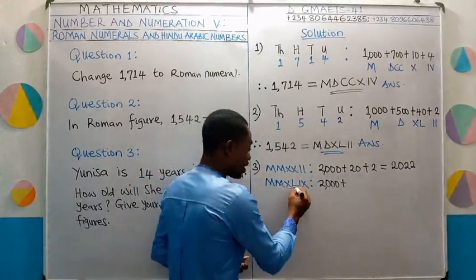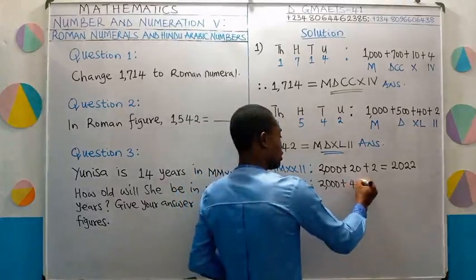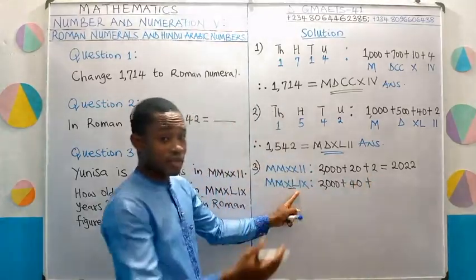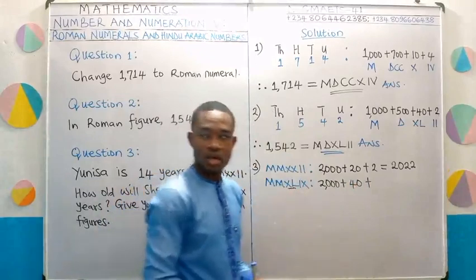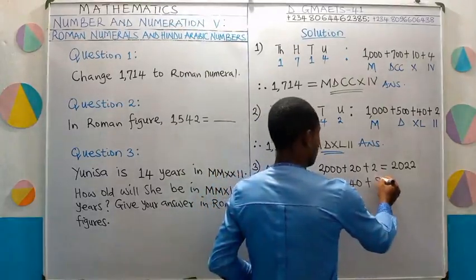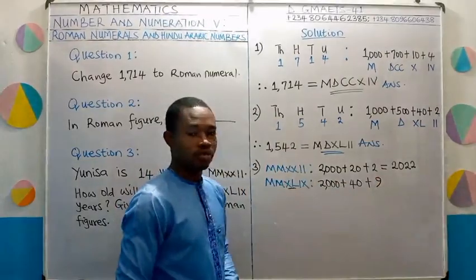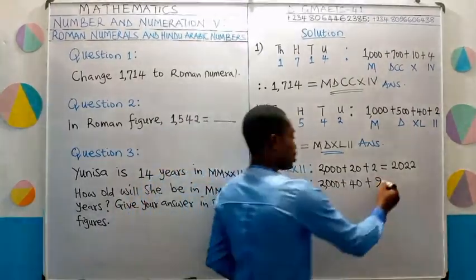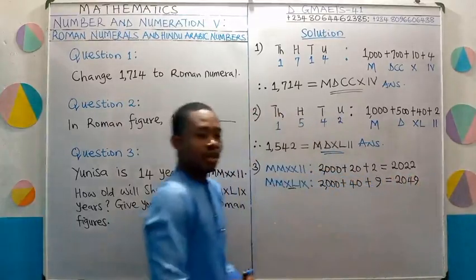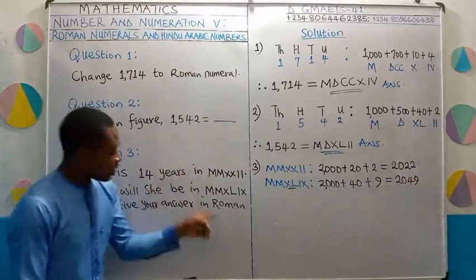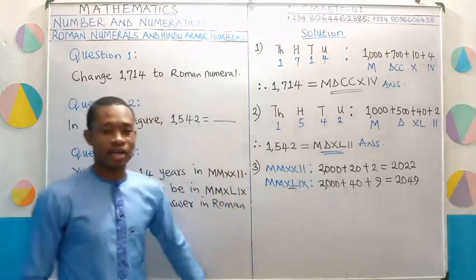So I'm going to pick this XL together, and XL is simply 40, that is 50 minus 10. And then you have IX. IX is 9. If you add this together, 2000 plus 40 plus 9 will give you 2049. So this is now telling us how old Unisa will be in 2049.